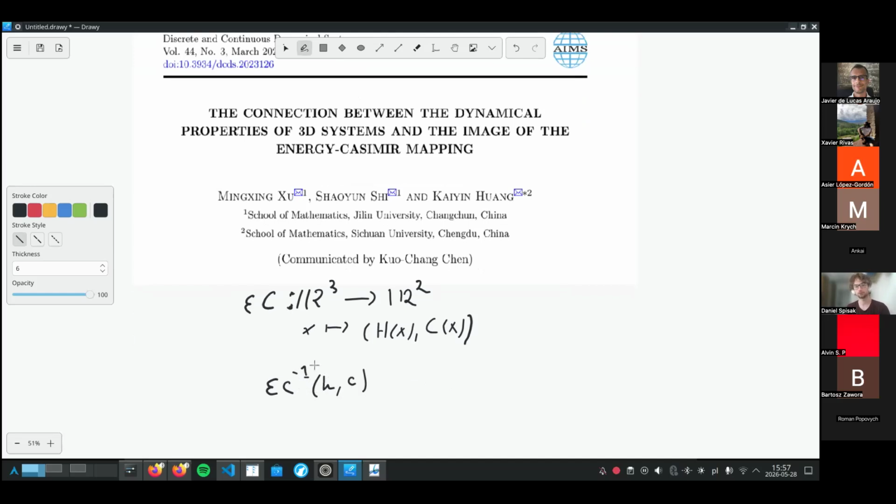For instance, in the example we did with the Euler top, because this works very well in three-dimensional systems, that's why I chose the Euler top, the Energy-Casimir mapping would look like this. And indeed, when you draw this, what you get is that this is the one stable equilibrium axis.